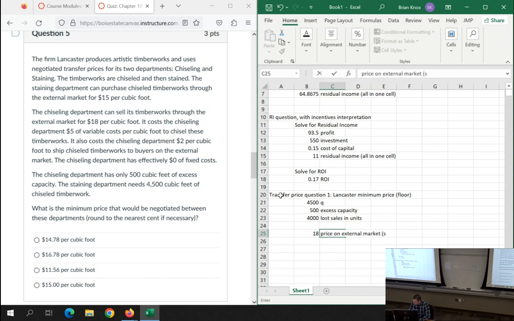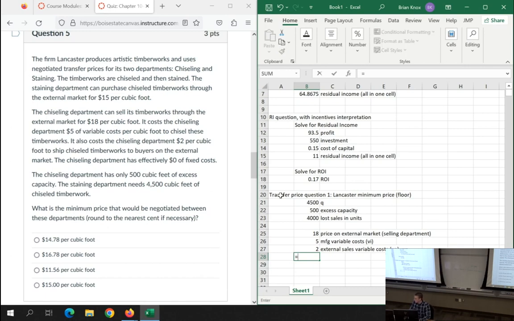This is the selling department, yeah. We have $5 of manufacturing variable costs. It's our V sub I, variable costs that are internal to the firm. We have $2, which is our external sales variable costs, or V sub E. And that's it.